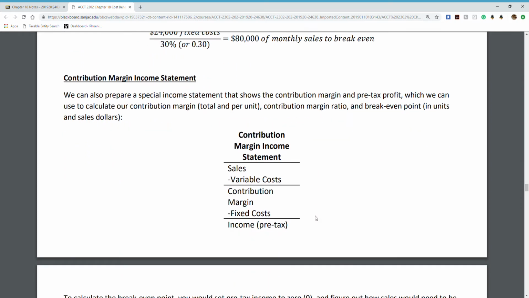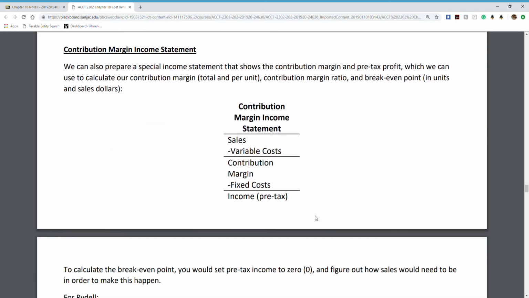Okay? The next thing that you're going to see, or something that we're going to pretty much use later also in this chapter, is known as the contribute margin income statement. We can prepare a special income statement that deals with contribute margin, and basically it just breaks it down.